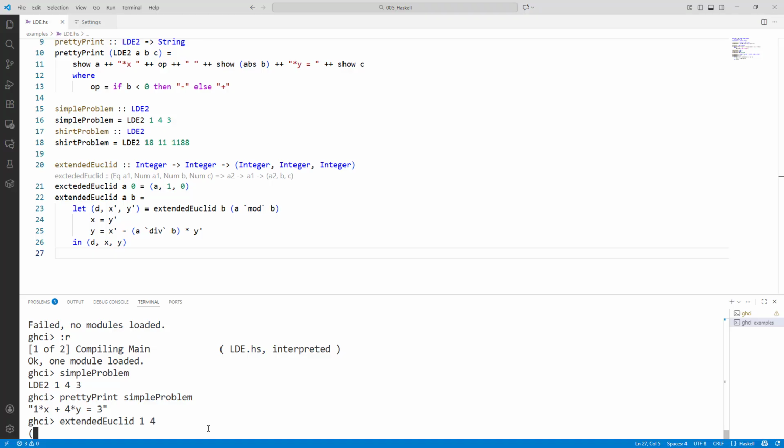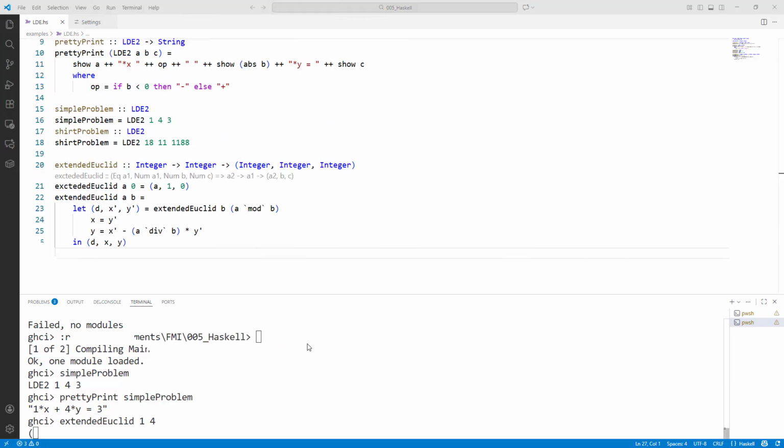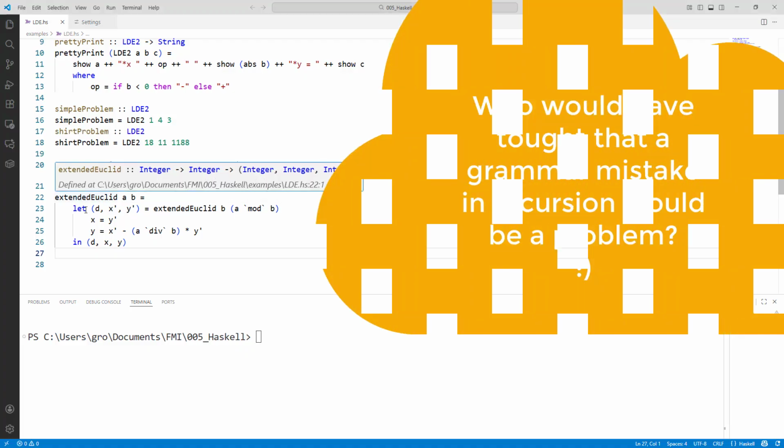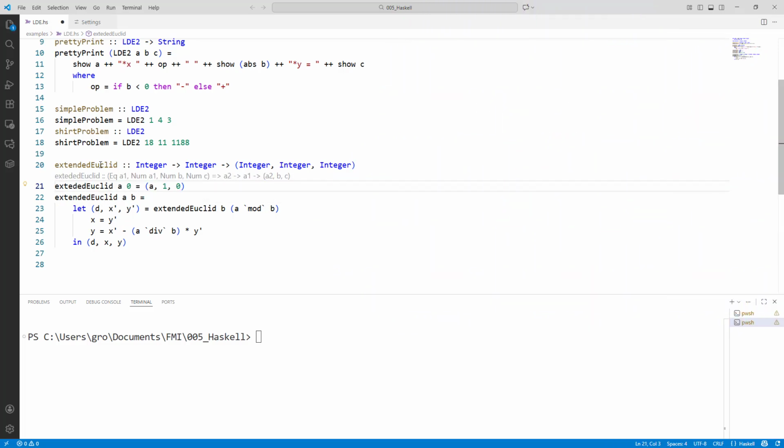Extended Euclid, and somehow it asks for some data or something. After some research on why we have entered endless recursion, the answer is that we never hit the base case, and we didn't hit it because there is a misspelling here: extended is written like this.